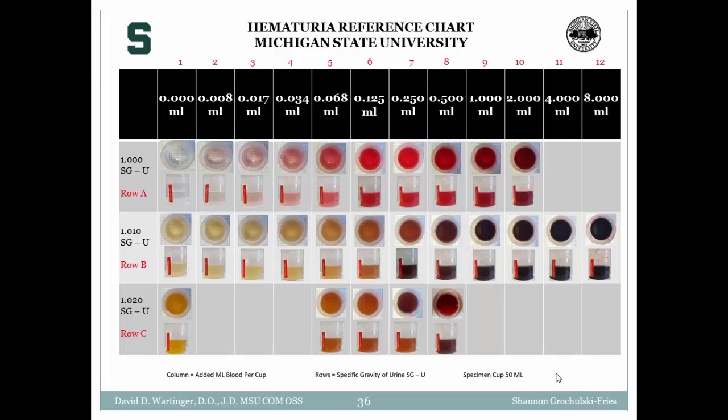Row C includes hematuria specimens made from concentrated, specific gravity 1.020 urine, and the no blood added urine specimen occupies space row C, column 1 on the HRC.